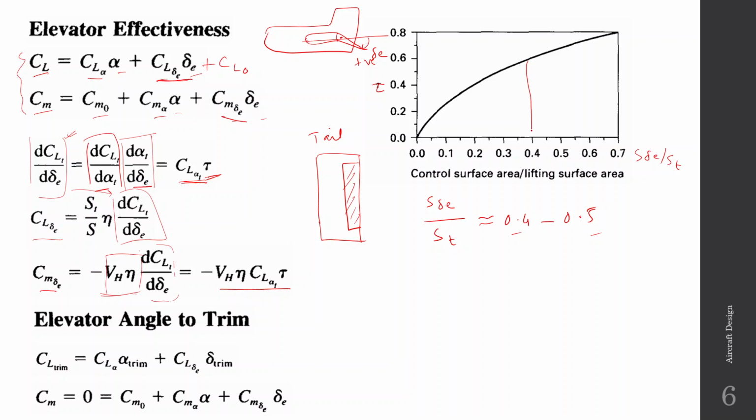So when you do it like this, you get a flap effectiveness estimate of around 0.5 to 0.7. So tau is around 0.5 to 0.7.